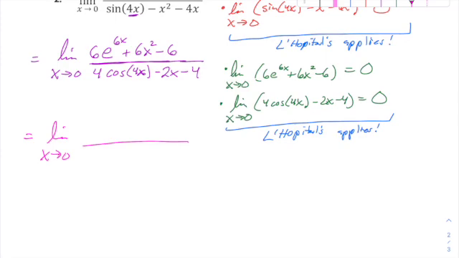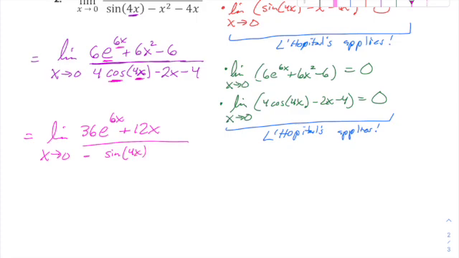So derivative of 6e to the 6x, so again you get that e to the 6x, but times another 6 because of another chain rule, so that's going to make 36 as your coefficient, plus 12x, and that negative 6 drops out. And in the bottom, the derivative of cosine of 4x would be negative sine of 4x, but multiplied by 4.